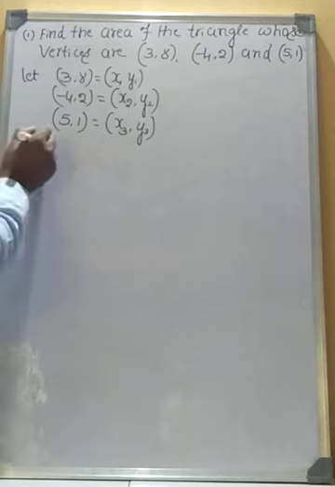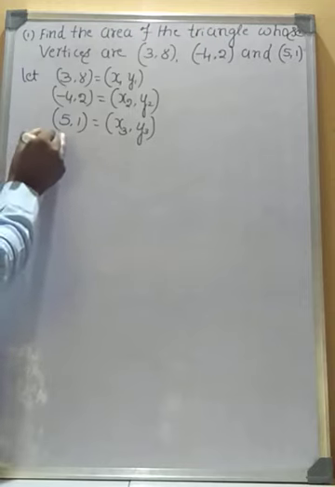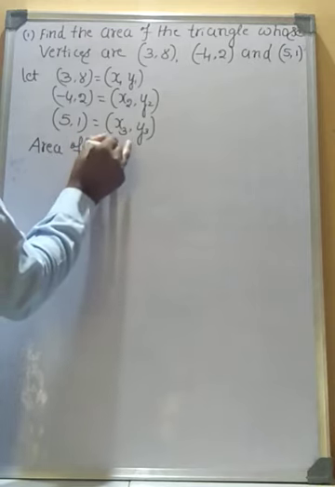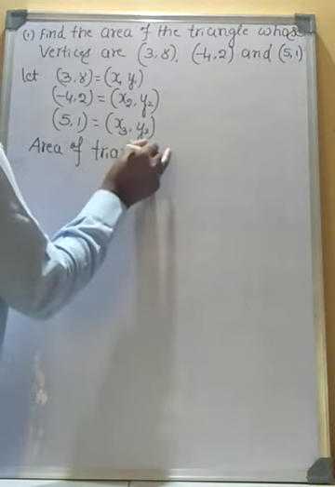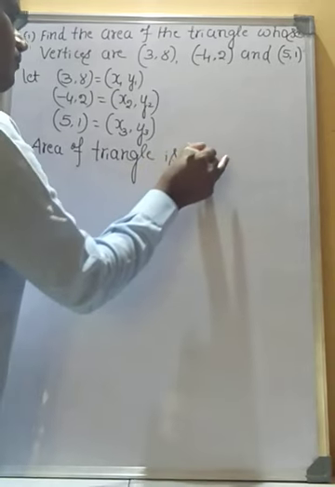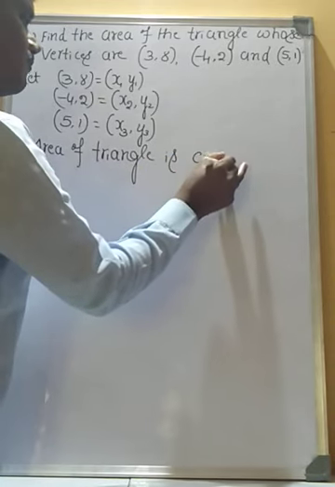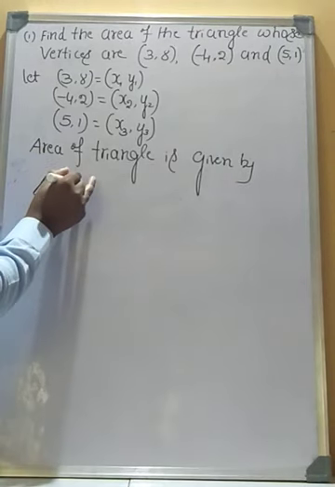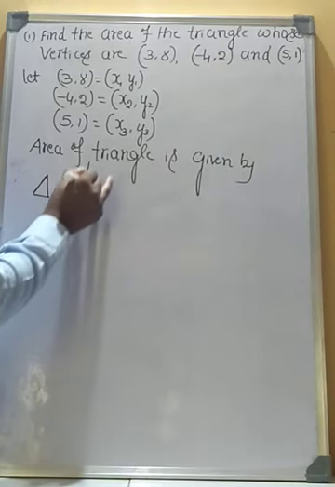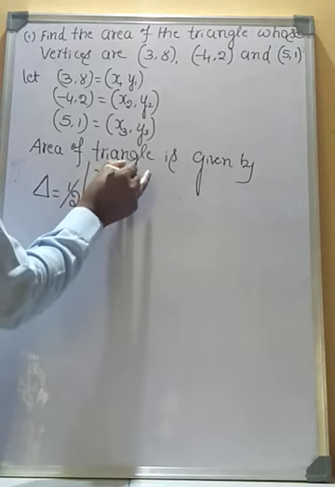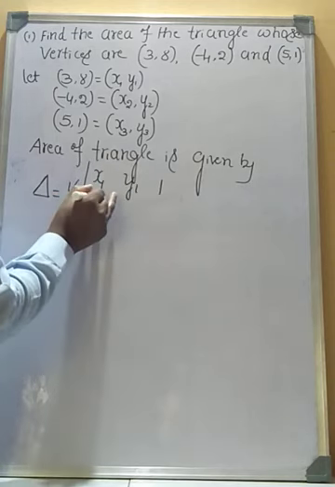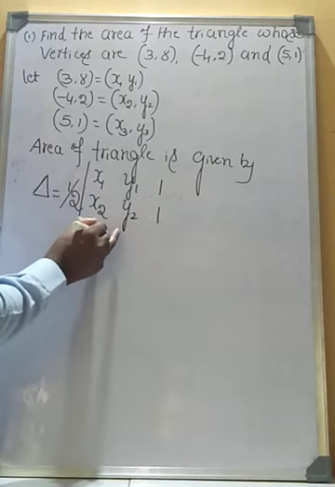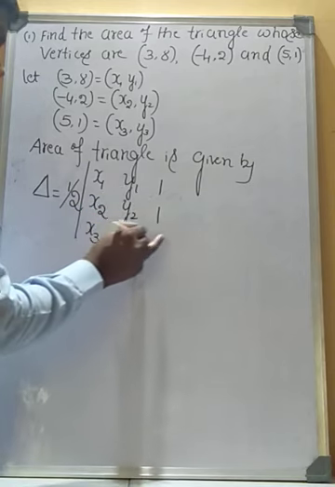You know the formula: the area of a triangle is given by delta is equal to half into determinant of x1, y1, 1, x2, y2, 1, x3, y3, 1.